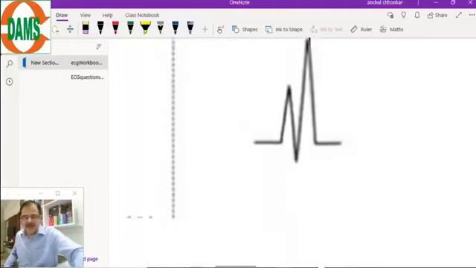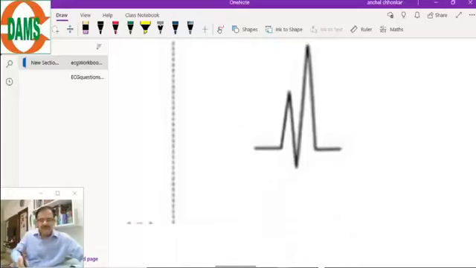Now, come to the next example. This is just for an example. What will this complex be known as? This one. It is not a normal QRS.